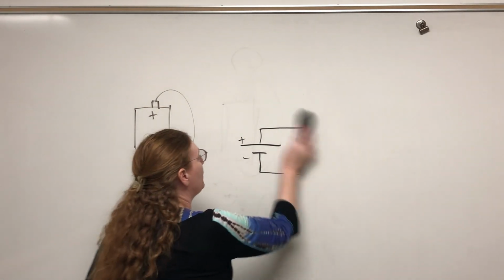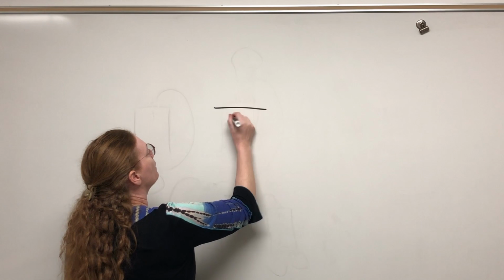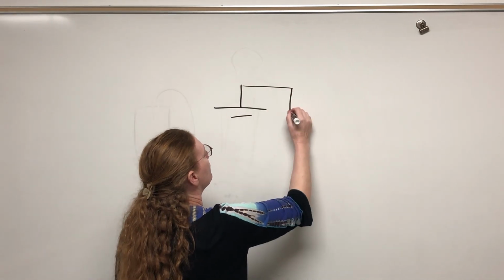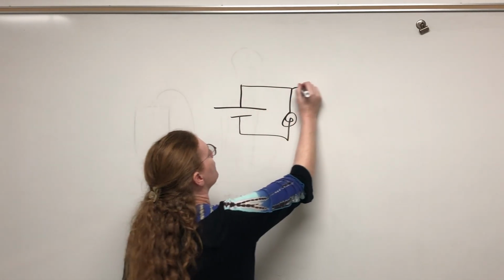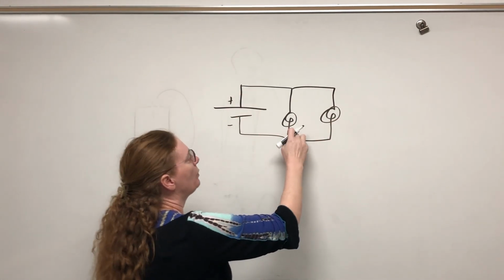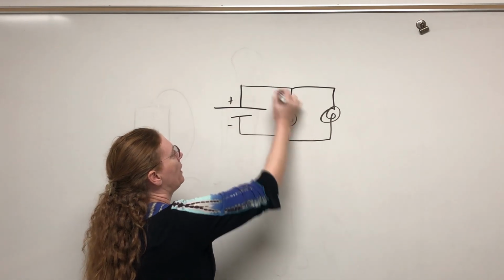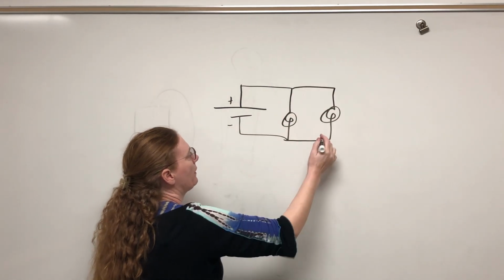Another nice thing about the schematics is with parallel circuits. So a parallel circuit with 2 bulbs and a single battery would look like this, where each bulb has its own path to the battery. So this bulb has its own path, this bulb has its own path.